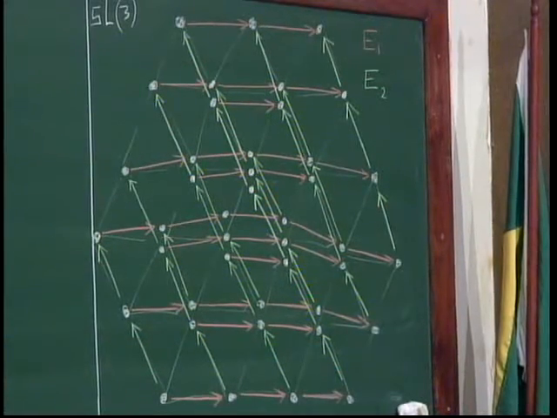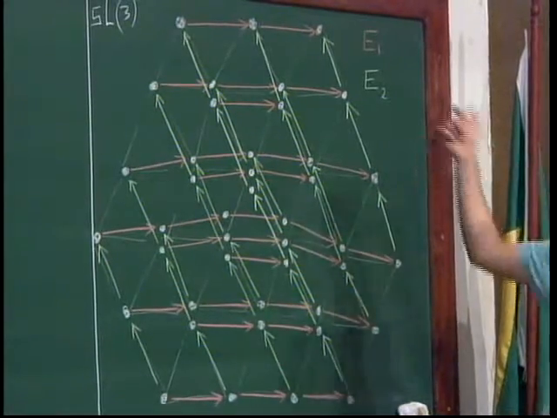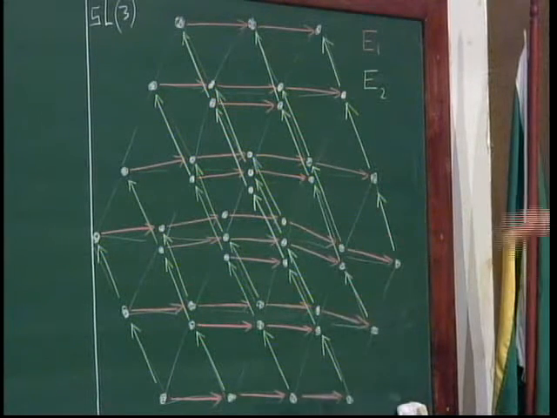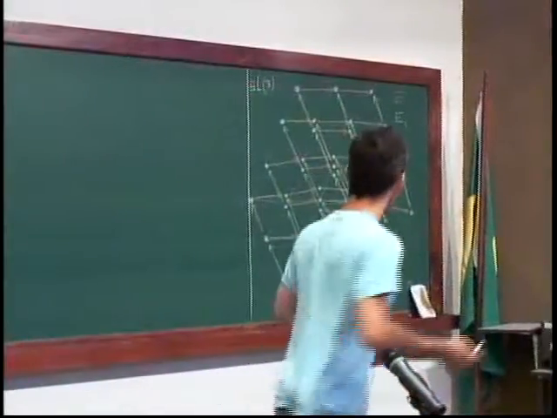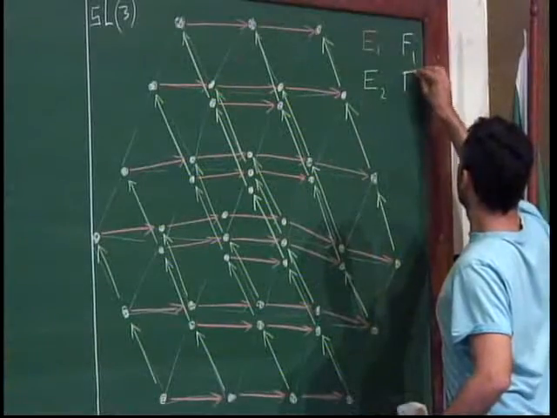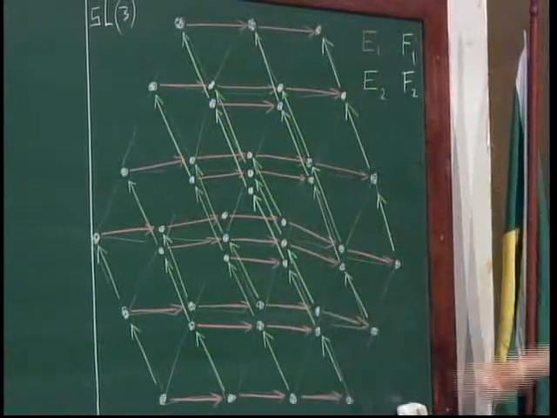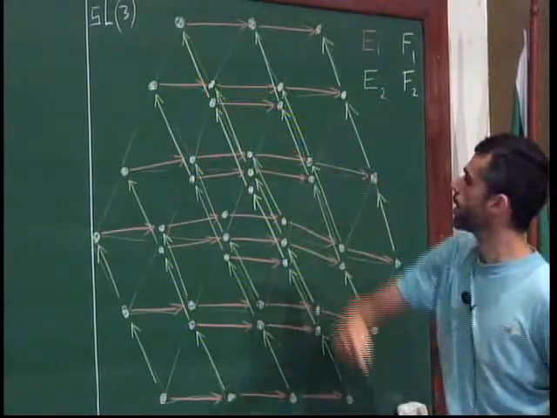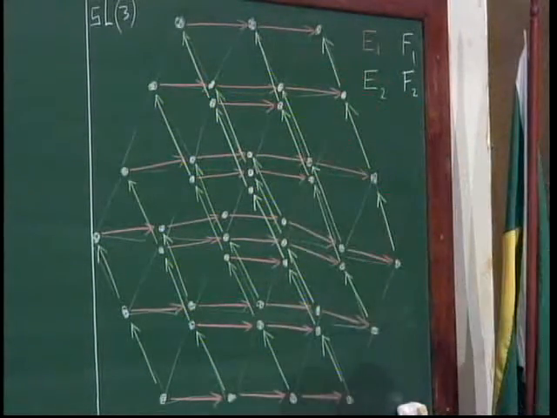F1 and F2 follow the same arrows, but in the other direction. And there are some coefficients that I didn't put here. It would be a little bit too cluttered if I put all the coefficients. So F1 goes this way following the red things, and F2 goes this way following the green things.